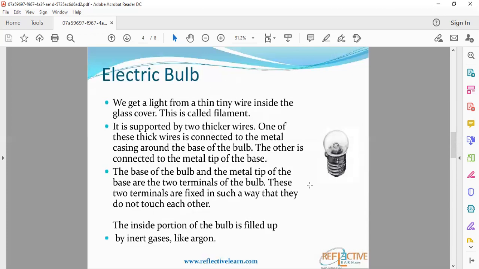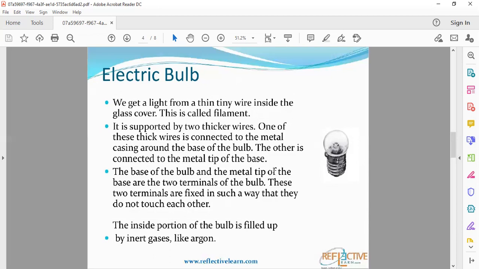Next, second, we'll discuss the electric bulb. It's very important. We get light from a thin tiny wire inside the glass cover that is known as the filament. And the filament is supported by two thick wires. One of the thick wires is connected to the positive terminal and the second is connected to the negative terminal.